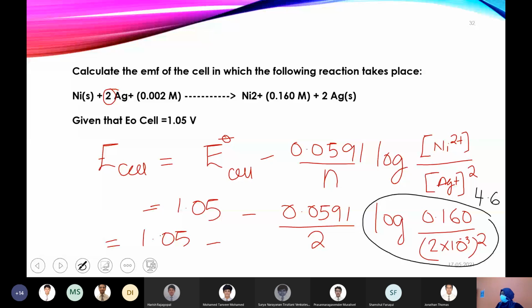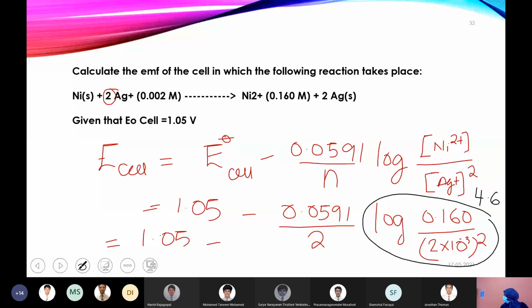That's what I need. Means 0.9. Yeah, 0.9. Final answer, 0.9, after subtracting from 1.05.